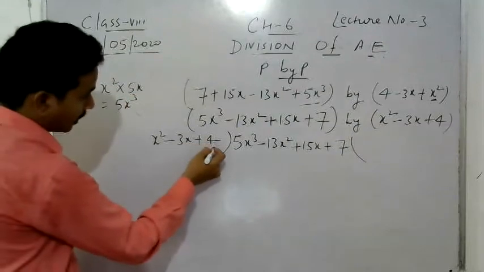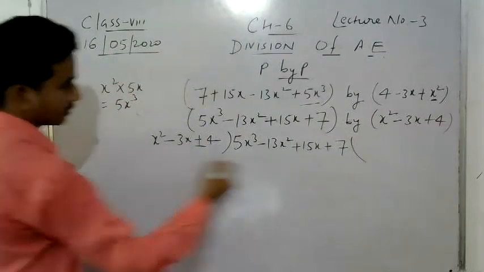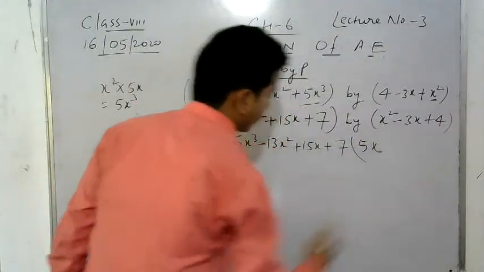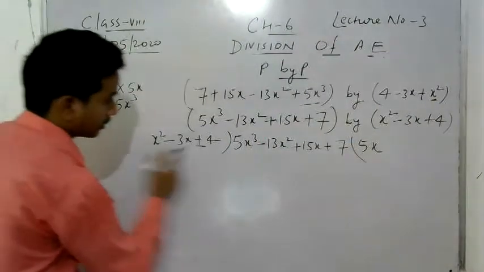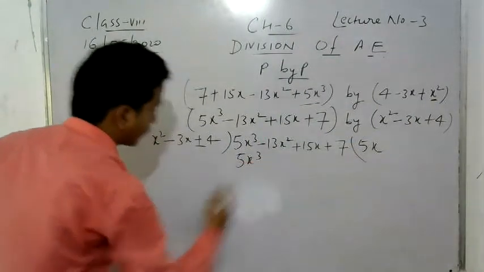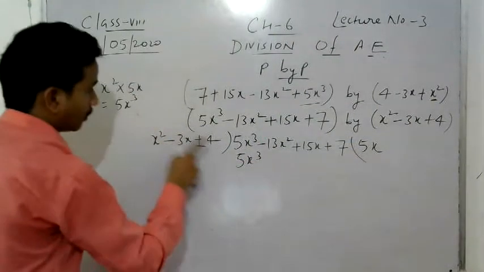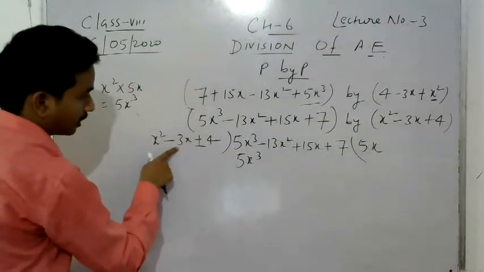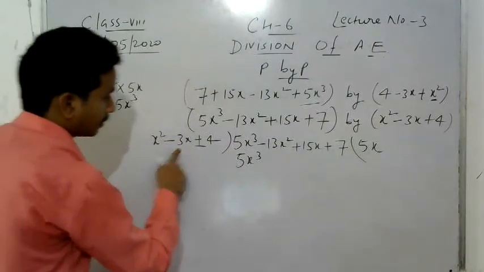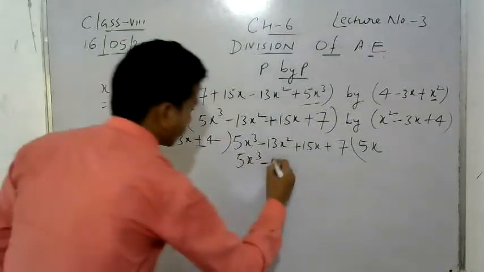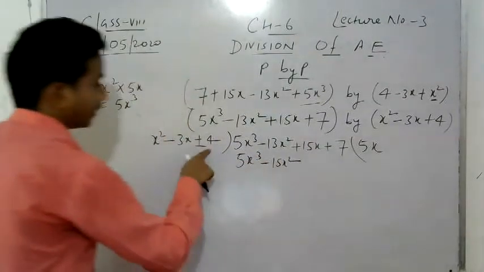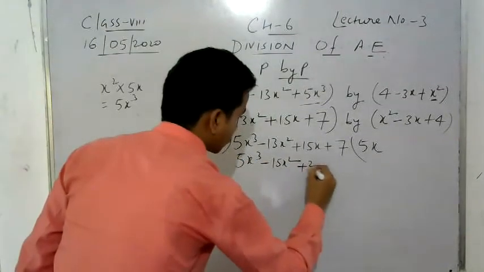So we have to multiply each term by 5x. Now 5x into x square is 5x cube. Now 5x will be multiplied with minus 3x. So 5x into minus 3x is minus 15x square. Again 5x into 4 is plus 20x.